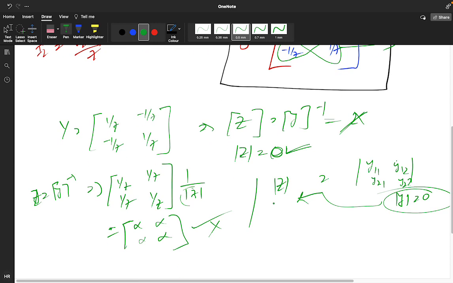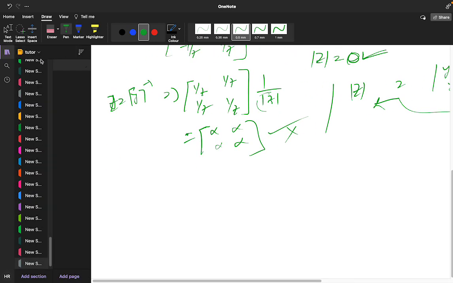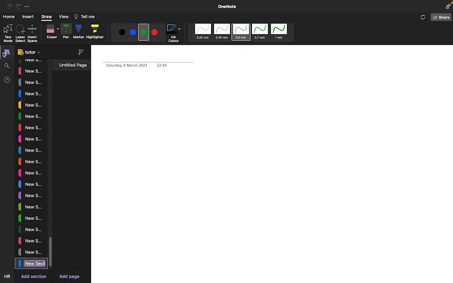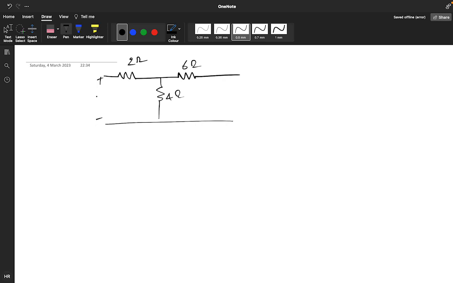Now do one question. I'm giving you 5 minutes to solve this question. It's a very simple question. This is 2 ohm, this is 6 ohm, this is 4 ohm, this is positive, negative V1, this is positive, negative V2, this is I1, this is I2, this is 2 ohm.